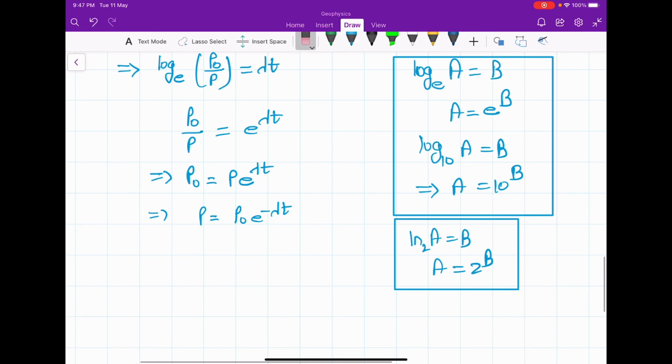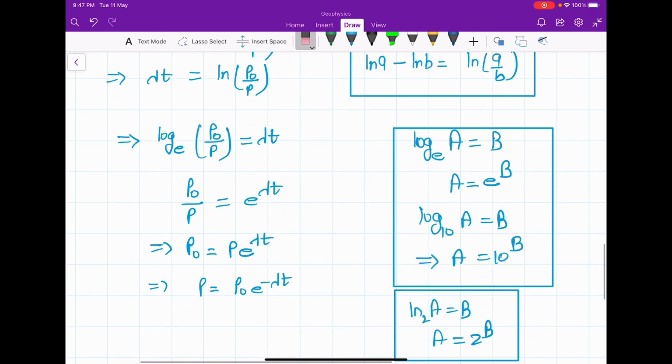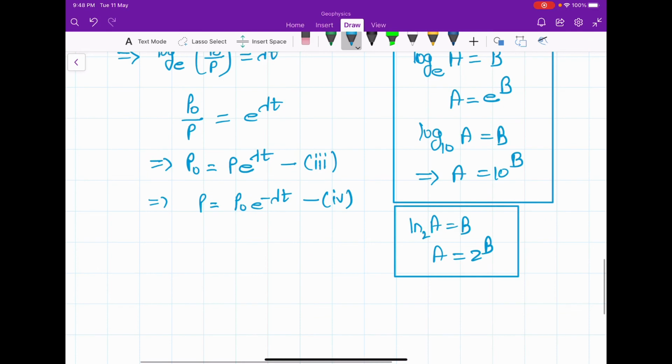If we consider this as equation 3 and this as equation 4, these are the two conditions.